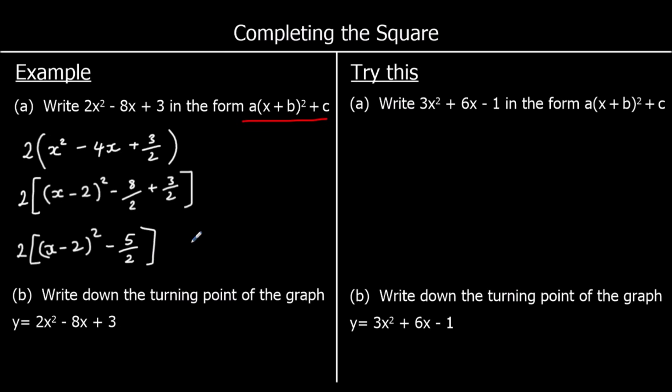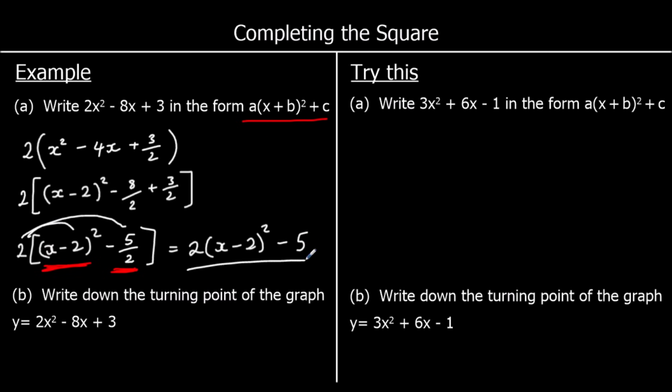And then I'm going to multiply through by 2 again. So there's only 2 terms here. This is one term, and this is our second term. So 2 times x minus 2 squared is just 2 x minus 2 squared. And 2 times negative 5 over 2 is negative 5. So that is our answer.